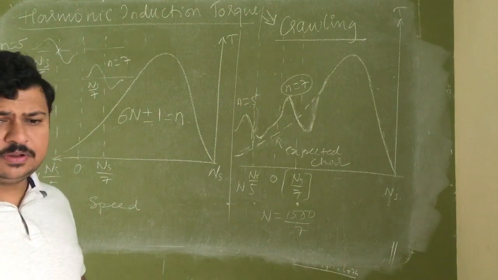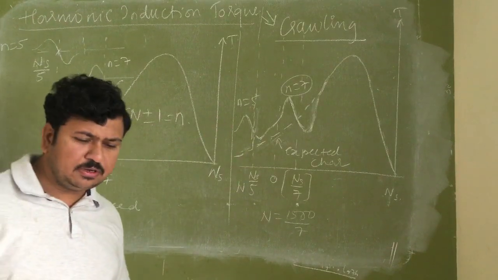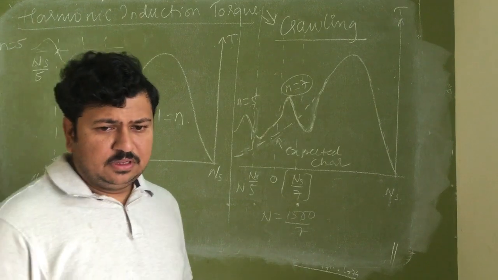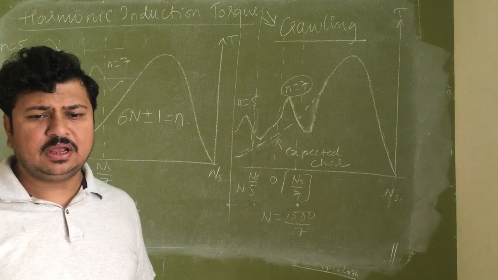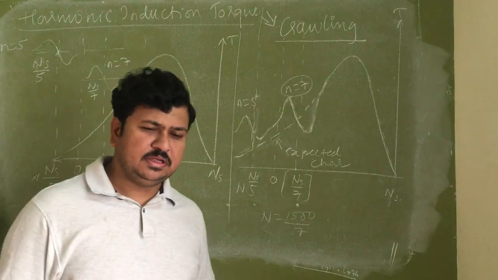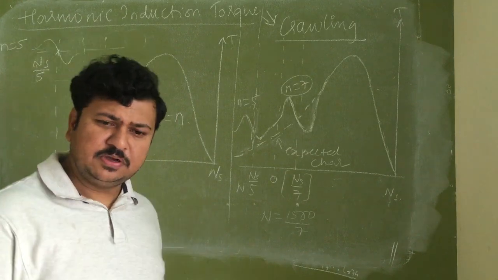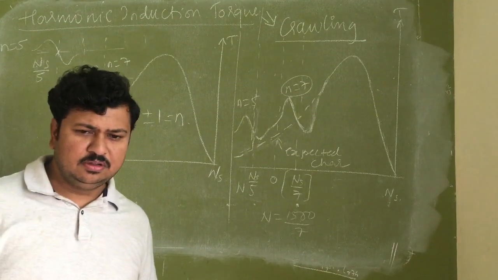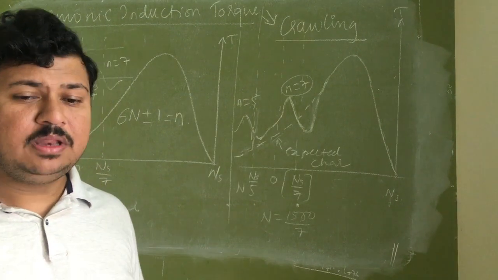Now what about the slip ring rotor? Why don't we observe this kind of behavior in the slip ring rotor? Because in the slip ring rotor, the rotor winding is also distributed, hence the harmonics are greatly minimized or eliminated. Because we use 3-phase distributed winding or chorded coils in the rotor, also in the slip ring motor, the harmonics in the rotor are greatly minimized.